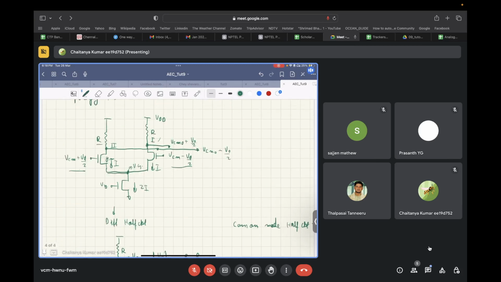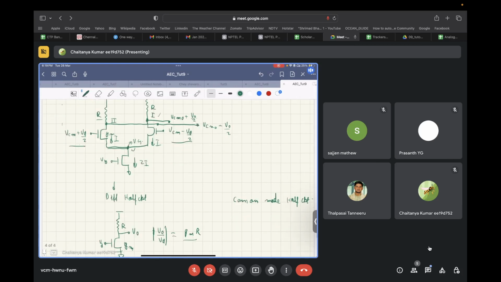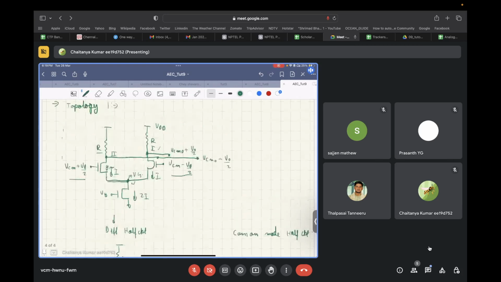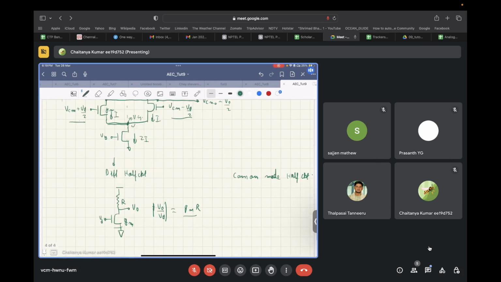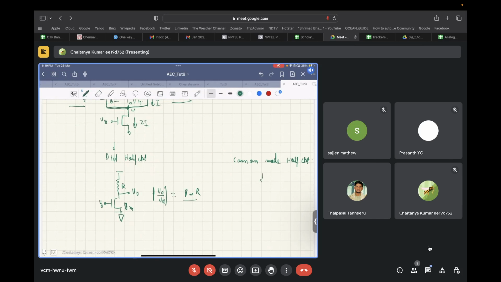Here in the differential half circuit, we considered this a virtual ground and analyzed just one side; the other side works the same, with the same magnitude but negative. In the common mode half circuit, we fold this topology across the line of symmetry.